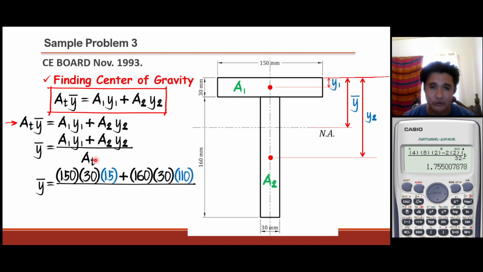And then all over yung total area natin, summation lang ng dalawang areas. So area 1 na 150 by 30 plus area 2 na 160 by 30. Okay?